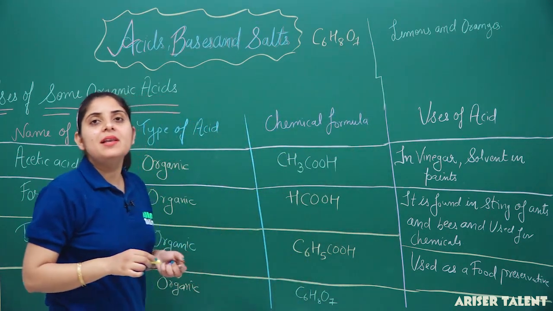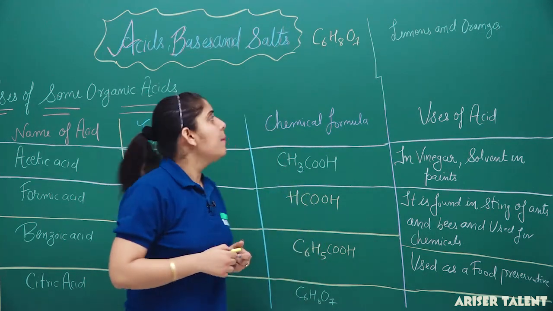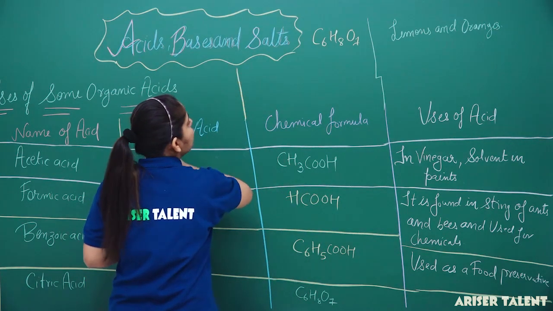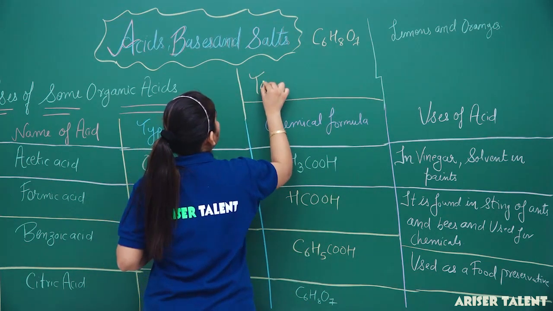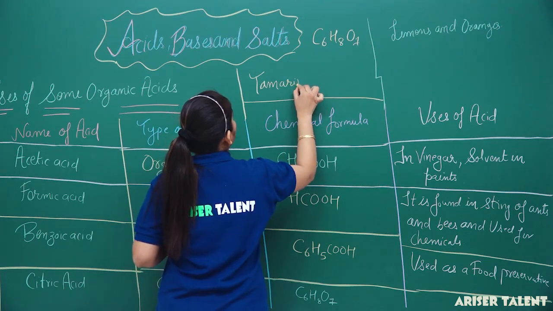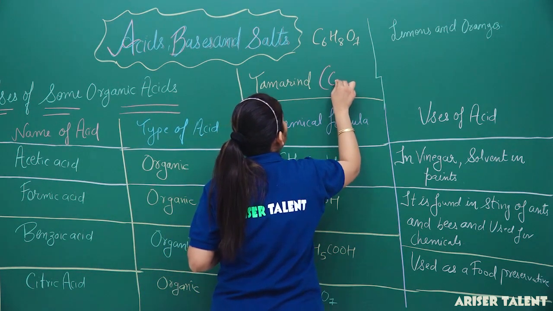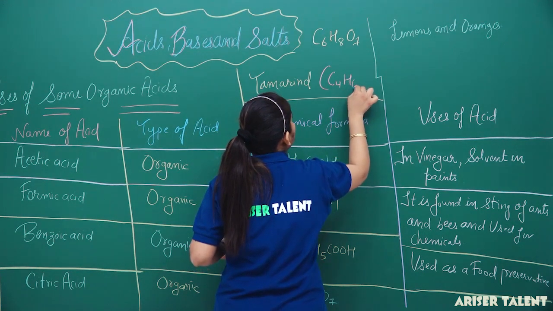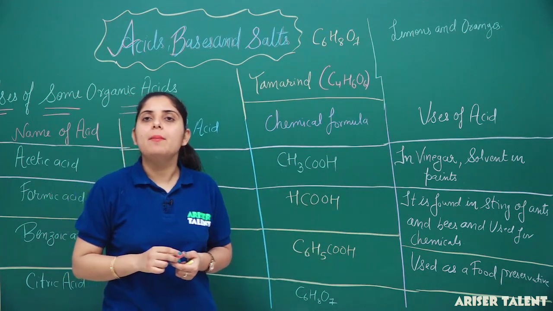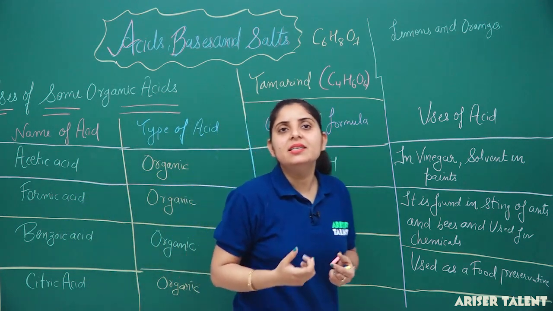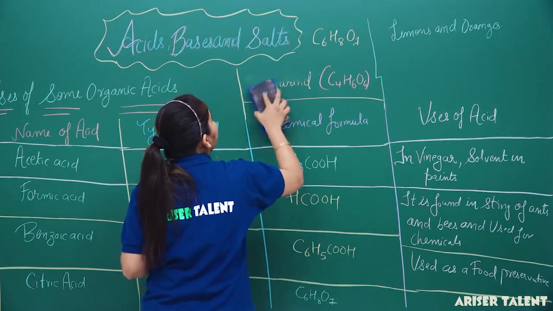Now we are with our last acid, the organic acid found in tamarind. Tamarind has the general formula C4H6O6. This is the general formula of tartaric acid. Tartaric acid is basically found in tamarind.